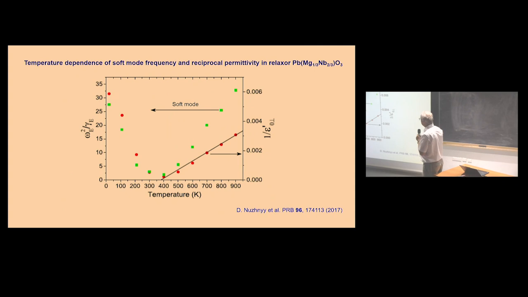So finally, what we obtained is that this mode is highly overdamped. So I plot here the frequency of the phonon squared divided by damping. And it looks like it shows softening according to the Cochran law to 400 Kelvin, and again hardening. And it explains the change of permittivity above TC.